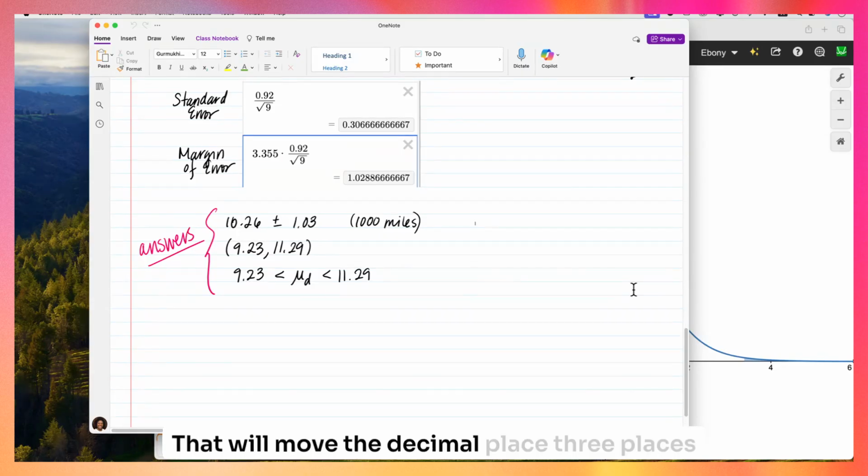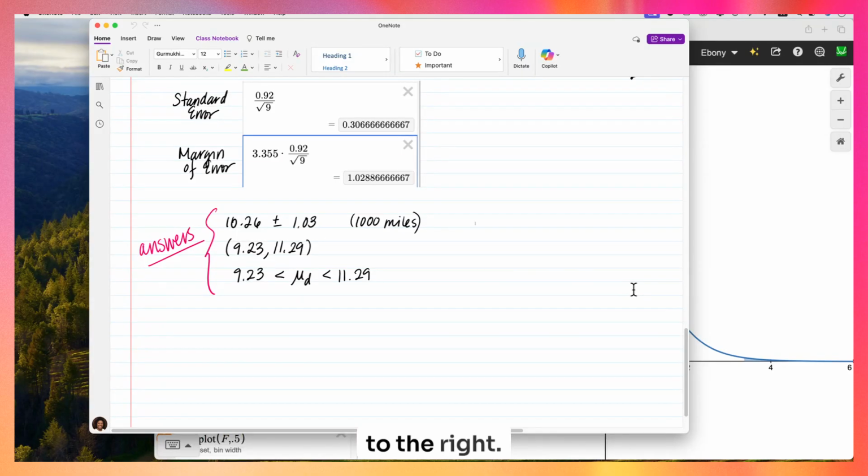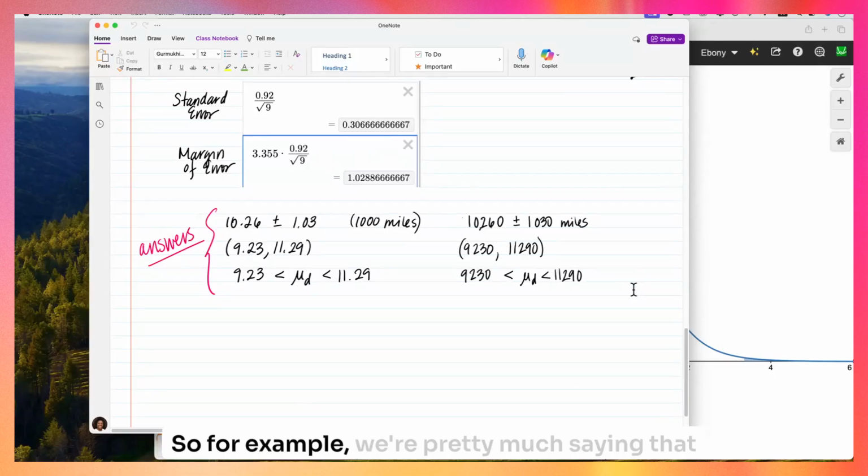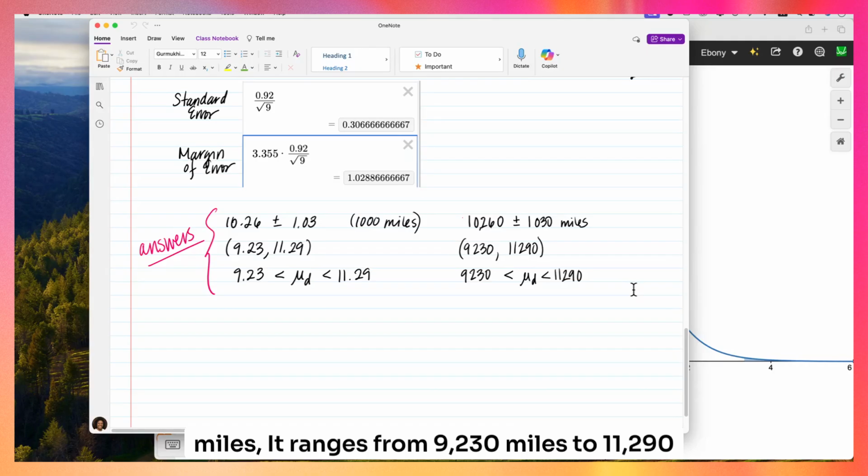That will move the decimal place 3 places to the right. So for example, we're pretty much saying that the difference in the wear is about 10,000 miles. It ranges from 9,230 miles to 11,290 miles in our 99% confidence interval.